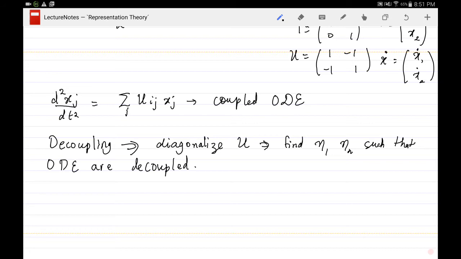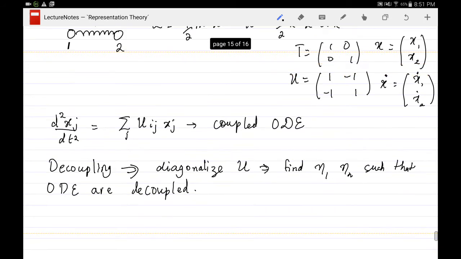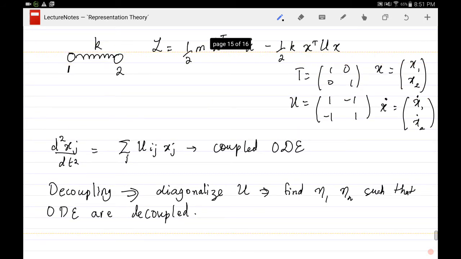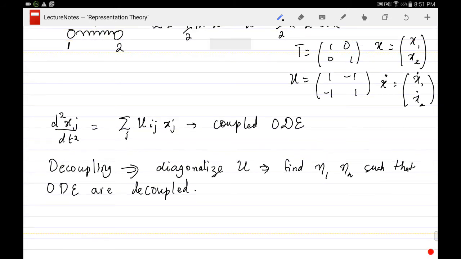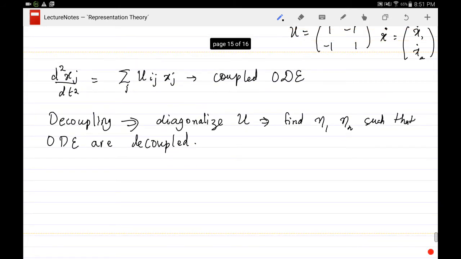Okay, so why did I write things out this way? We can already see matrices, we can see column vectors, so there is some vector space. This vector space will roughly represent the equation of motions.